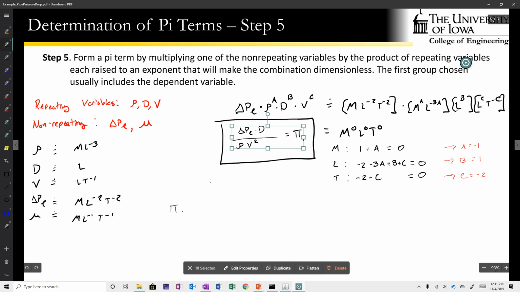Okay, we have that pi 2 will be equal to viscosity times rho to the A times D to the B times V to the C, equal to mass length to the -1 times time to the -1. Now, mass to the A, length to the -3A, length to the B, length to the C times time to the -C.